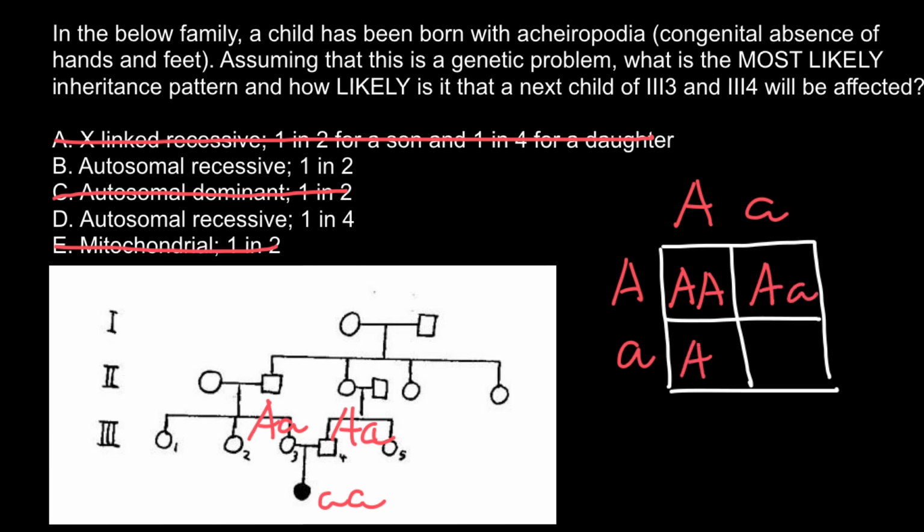So as you see, 1/4 of the progeny would be affected, and we can explain what we see here with an autosomal recessive genetic disorder, when two parents are phenotypically normal but have a child with this genetic defect, because this is a recessive genetic disorder.